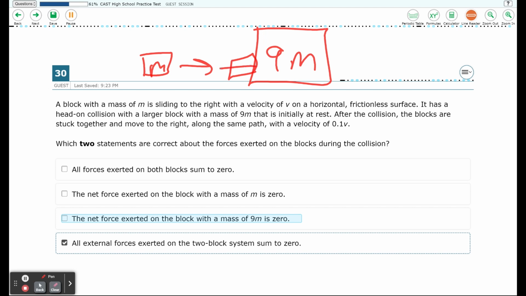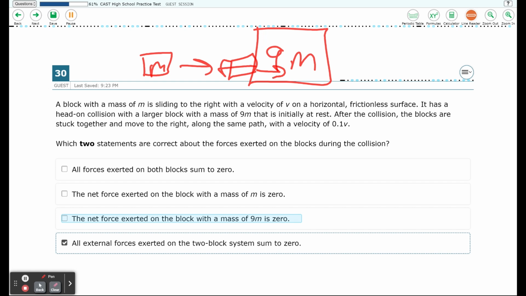The 9m block will push on the m block, and the m block will push on the 9m block as part of a single interaction. And so the molecules in the 9m block will be too close to the molecules in the m block, and so they will repel each other. Their nuclei will repel each other, which causes equal forces because they don't know anything else. They're just repelling each other, just like magnets, more or less. And so that's going to cause equal and opposite forces.